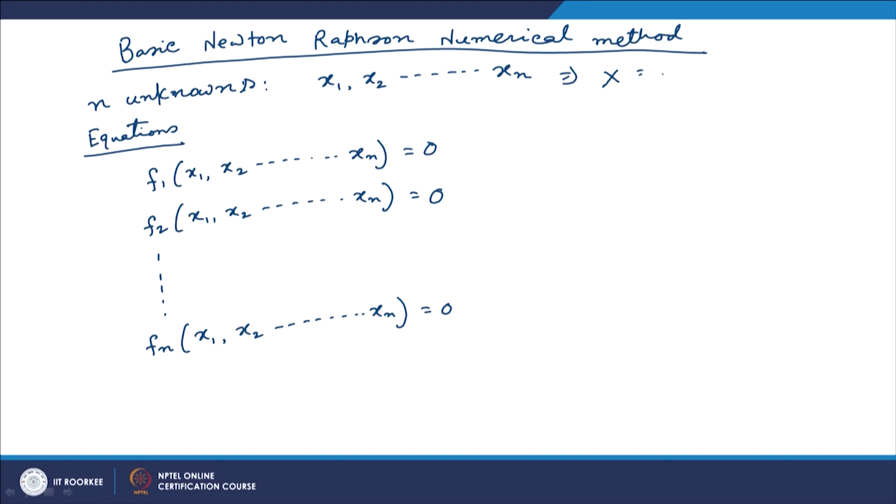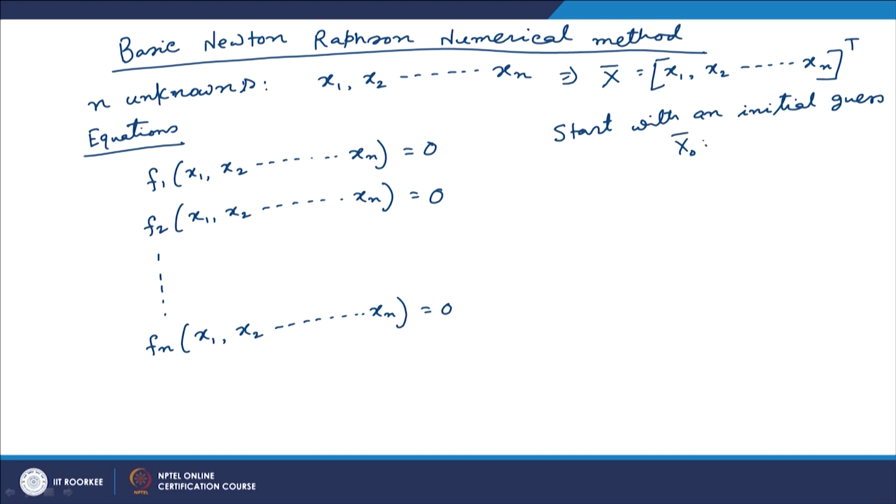So, this is my unknown vector (x1, x2, ..., xn) transpose, which is a column vector. Now, what we start with is an initial guess, X naught. This is a vector, so we start with x naught.